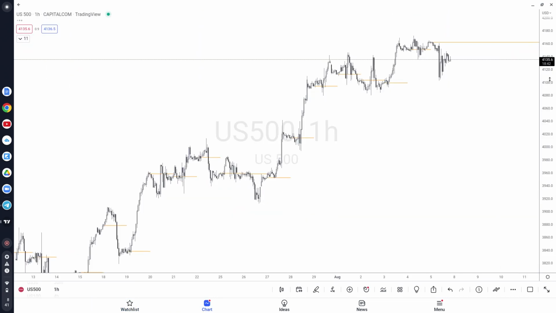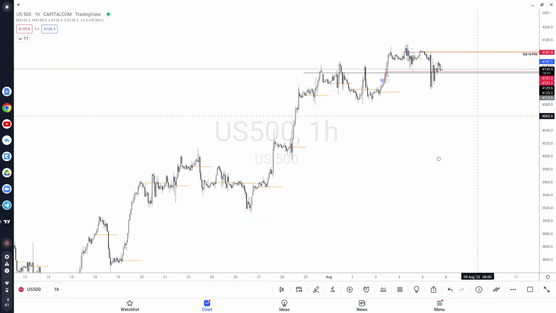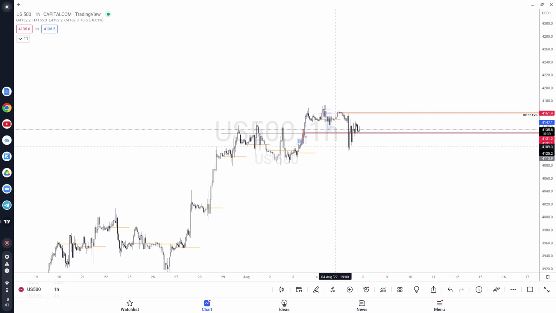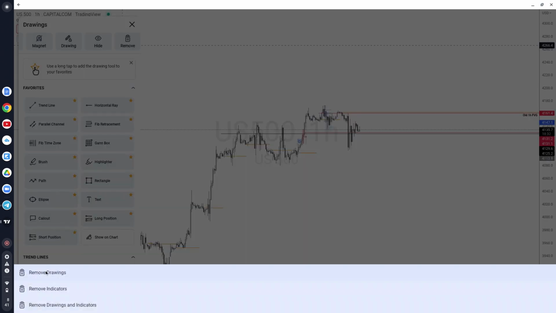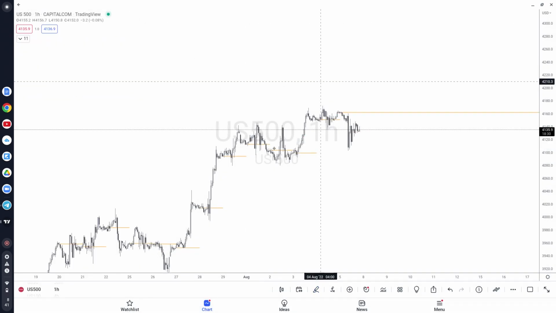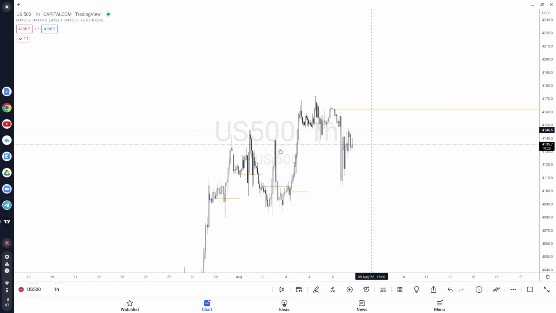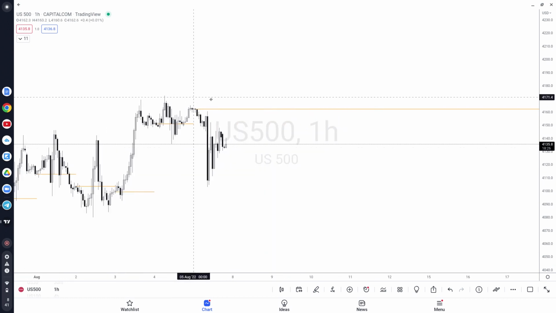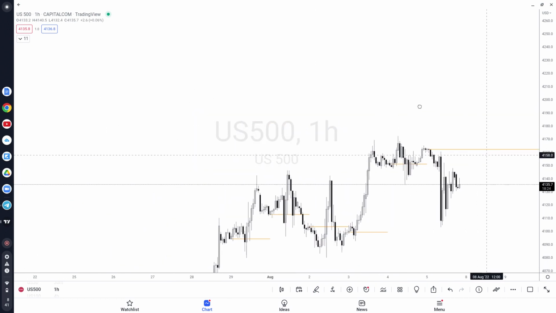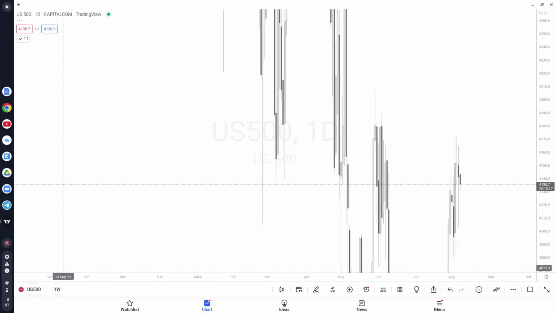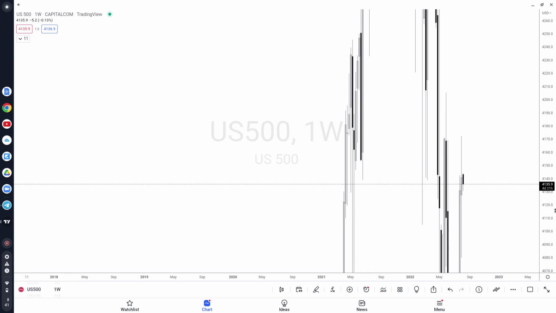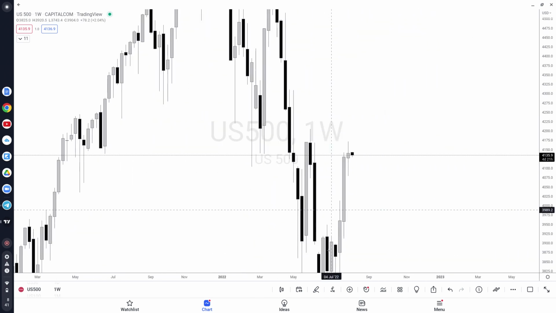S&P. There's a lot of shorting done on S&P. Another mistake made on S&P last week, similar to the euro, was shorting. Well, not necessarily shorting, but not taking into account that price had taken previous week's high.